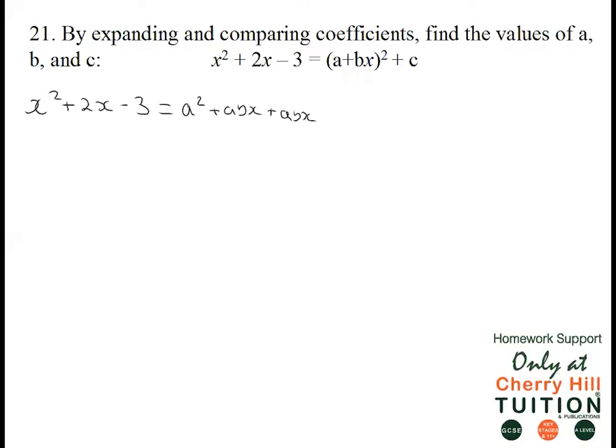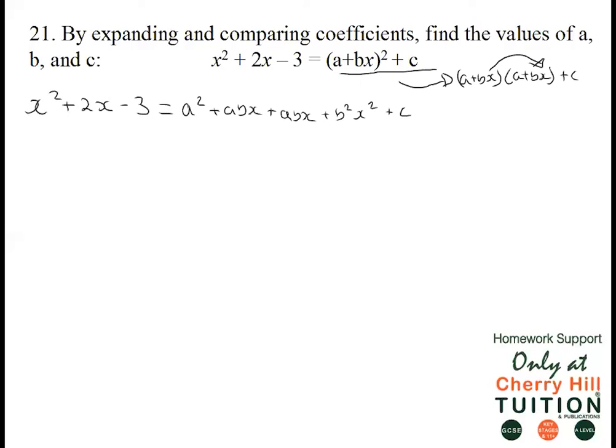Okay, so let's just rewrite this over here so it is clear what we have done. So the last step was bx multiplied by bx, which is b squared x squared. And then we have the plus c.